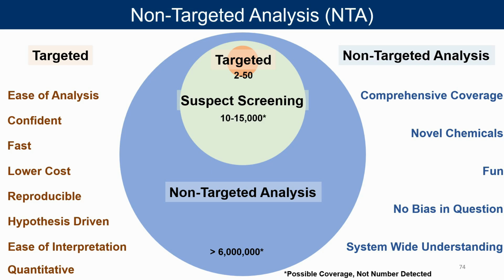Now, the major disadvantage of non-targeted analysis is that it's non-targeted. We don't have a known chemical standard, so our annotations, our identifications can be less confident than targeted analysis and generally are less confident.